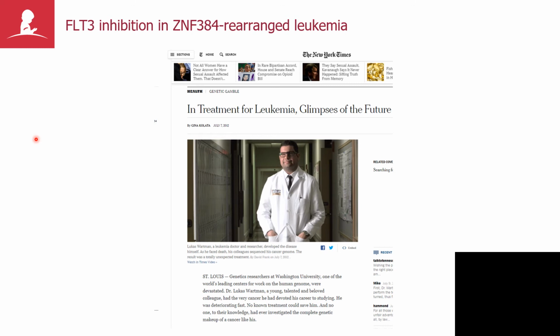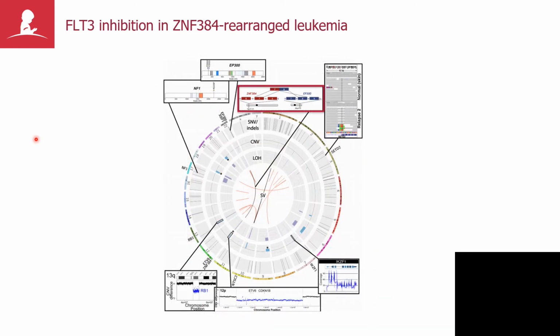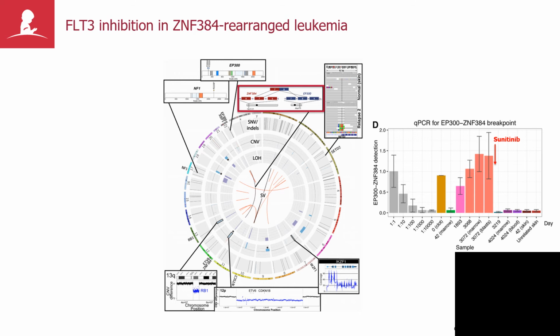It was actually someone in his laboratory at the time who had multiply relapsed leukemia, and he sequenced the genome and transcriptome and found that this individual did harbour a ZNF34 rearrangement in their leukemic cells and also had extremely high level expression of FLT3, and treated the patient with sunitinib, resulting in rapid clearance of leukemia and the ability to proceed to a bone marrow transplant, and he remains in remission today. So again, another example where a somewhat unexpected vulnerability has been identified from genomic analysis in this type of leukemia.